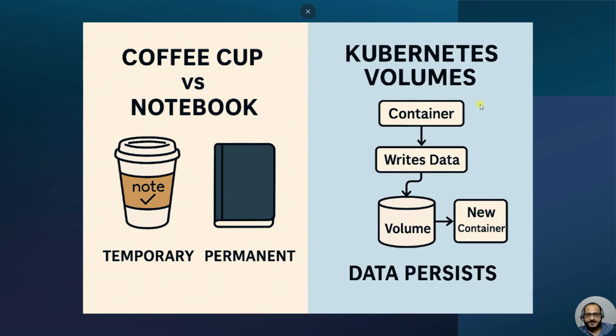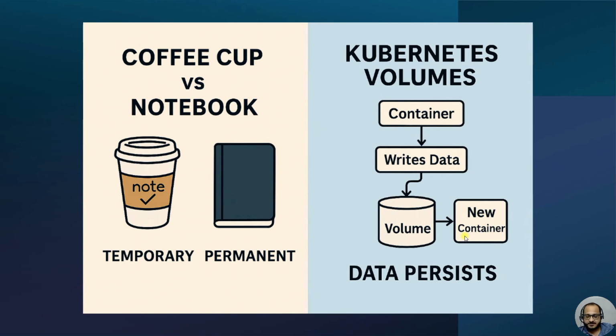So what happens in real time is, when we create a container and write some data, we store that data in a volume. If this particular container crashes, or is deleted or replaced, then a new container will be created, and the volume where the previous container wrote its data will be available as part of the new container as well.